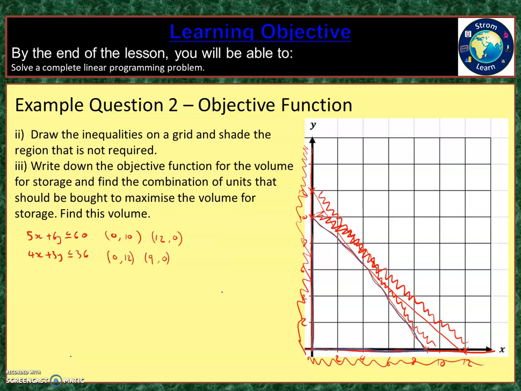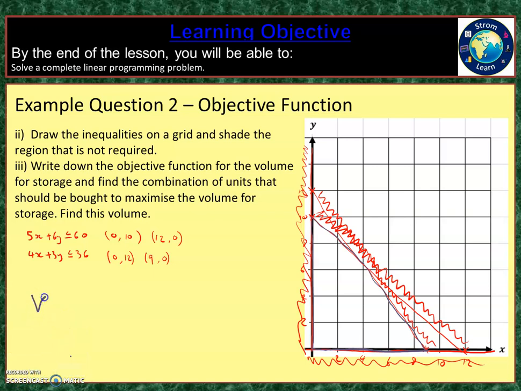But question 3 is where we really get to what's going on. It says, write down the objective function for the volume of storage and find the combination of units that should be bought to maximize the volume for storage. Find this volume. Okay, so the objective function for the volume.